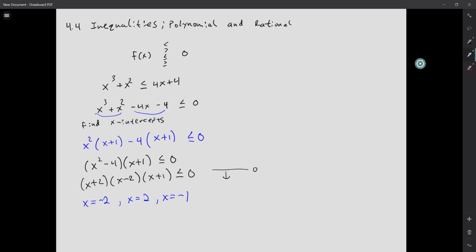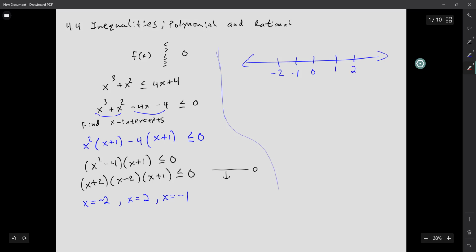Now what I really want to do for most of these is draw out a nice little number line with my x-intercepts. Looking at minus 1, minus 2, and 2. So my roots were at minus 2, minus 1, and positive 2.